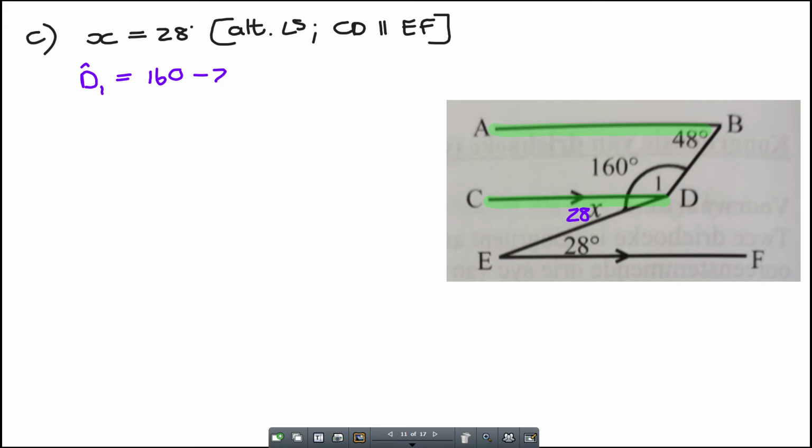160 minus 28 grade, met ander woorde 132. Nee. En nou kan jy gaan sê, as ek vat hoek ABD plus hoek BDC, gaan dit mos wees 48 plus 132. En dit gee vir my 180 grade. That gives me 180 degrees.